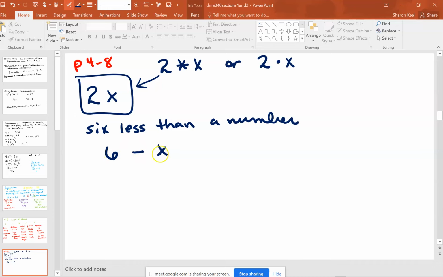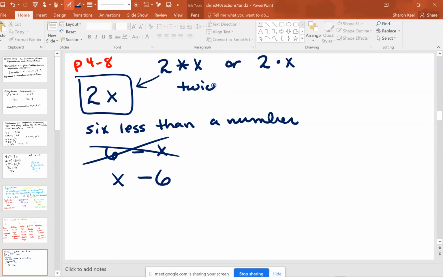This says 6 minus x, or x is less than 6. So this one would not be correct. The 6 is less than, is being subtracted from the number. So 6 would be less than the number would then go in front.